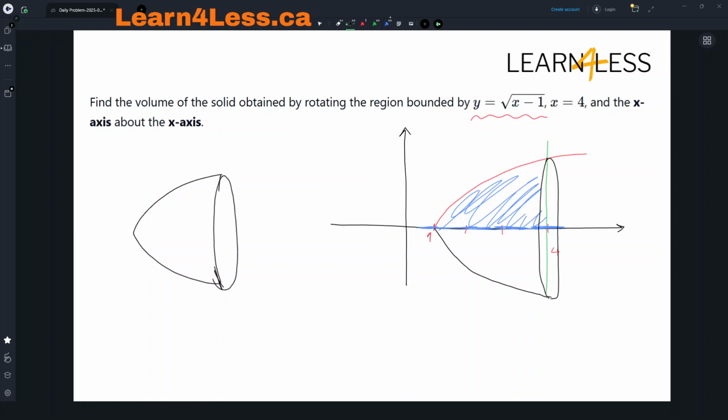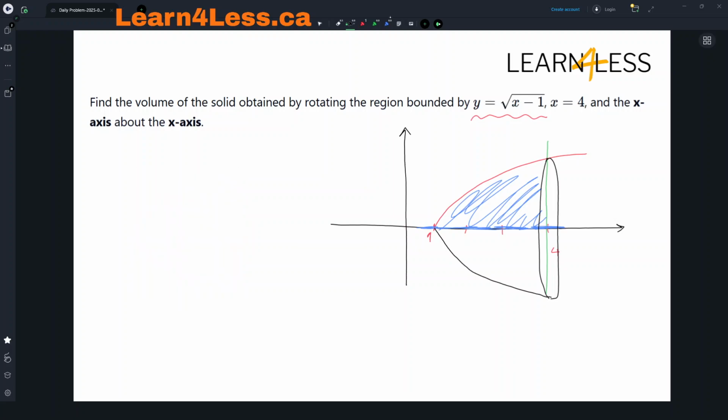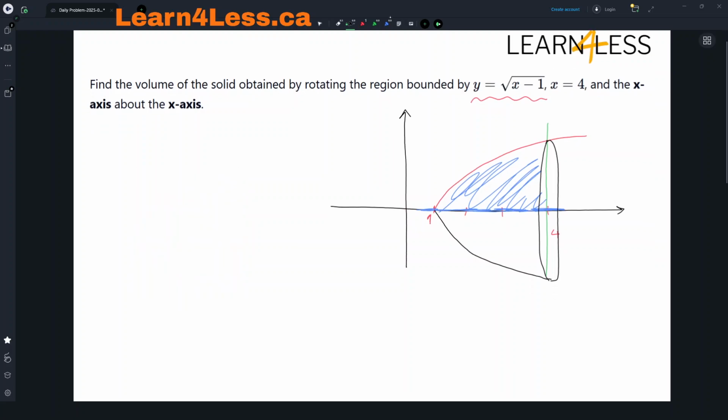Wherever you slice here, for example, if I slice it here, what I would get is a circular cross section. Now, we want to find the volume of this solid. The method that we are going to use is the disk method.